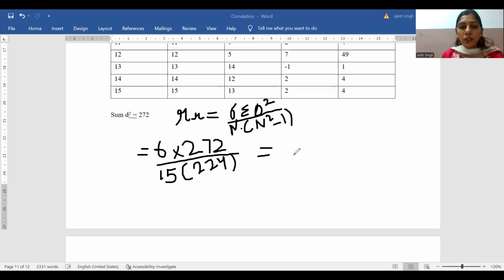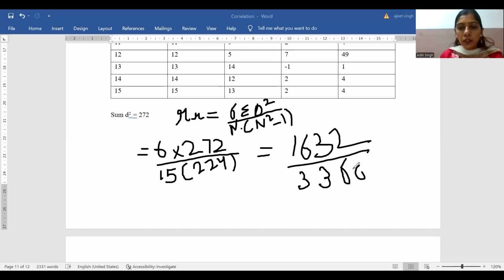So it is 1632 divided by, again calculate, 15 into 224. It's 3360. 3360.